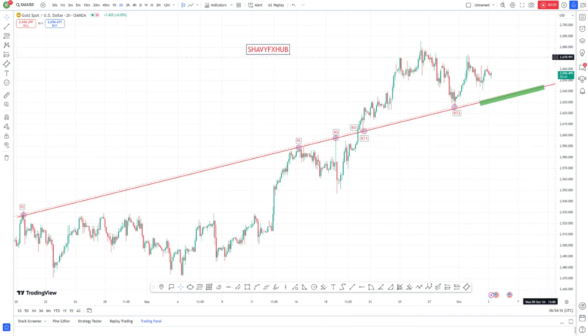When price comes into this box, it's considered a trap. It's a buy trap. So I'll call it a buy trap. It's your buy traps.